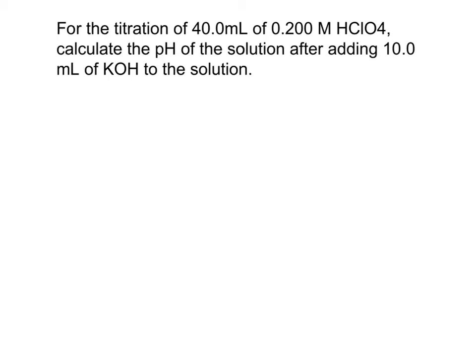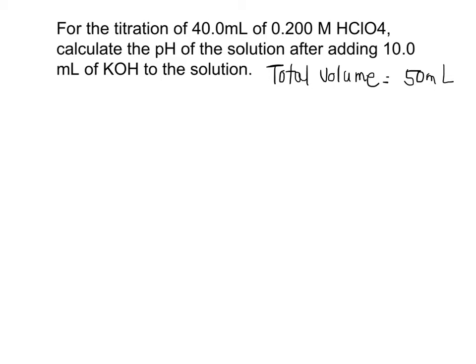We don't need to worry about buffer problems here. We also want to remember that the total volume of the solution now is 40 plus 10. So total volume equals 50 milliliters.